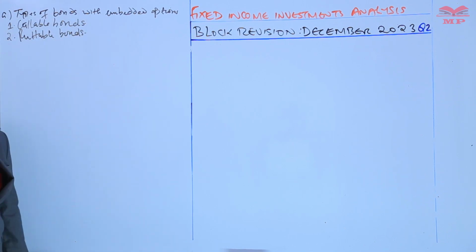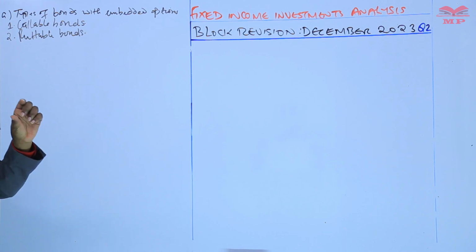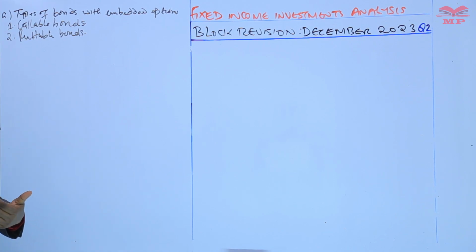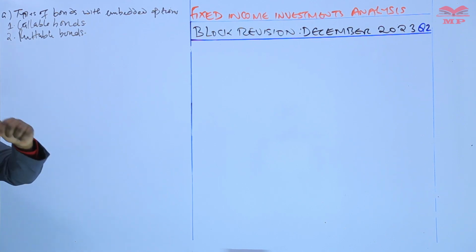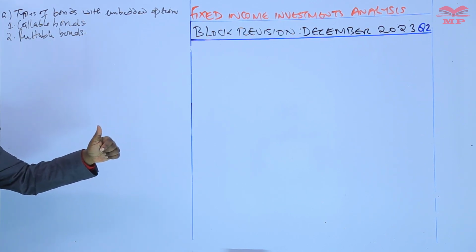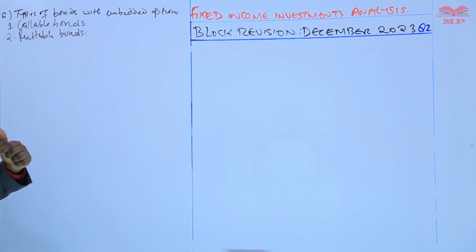Number 2, puttable bonds. Puttable bonds grant the investor the right to sell the bond back to the issuer at a predetermined price, on or before specific dates.